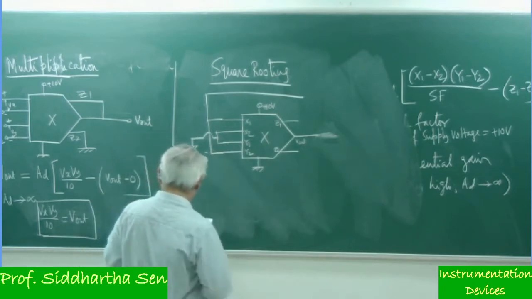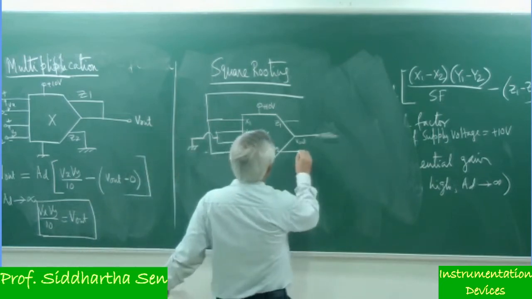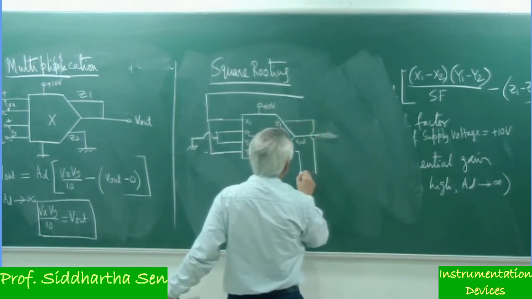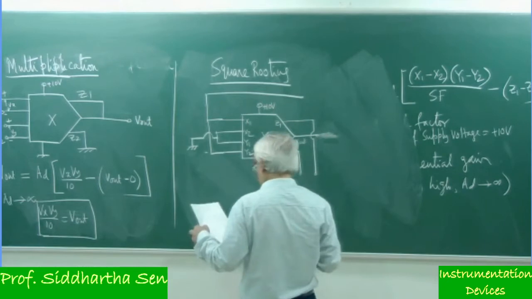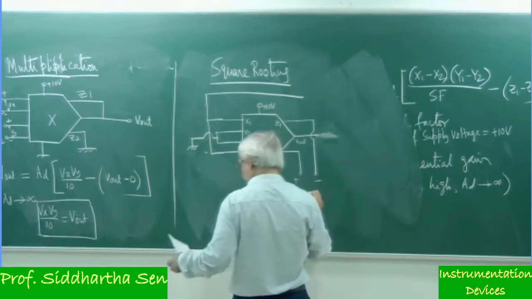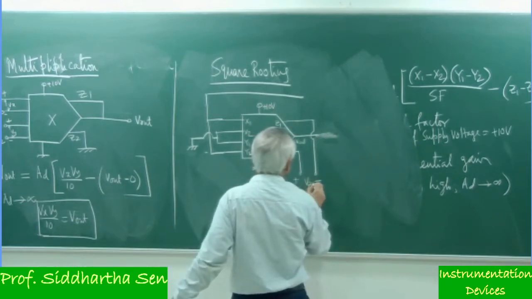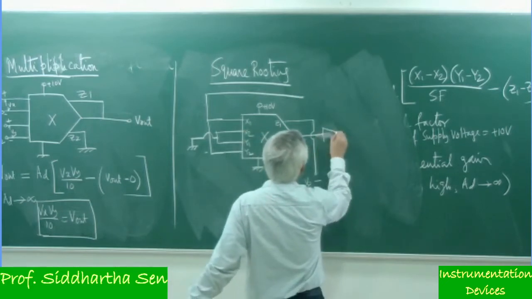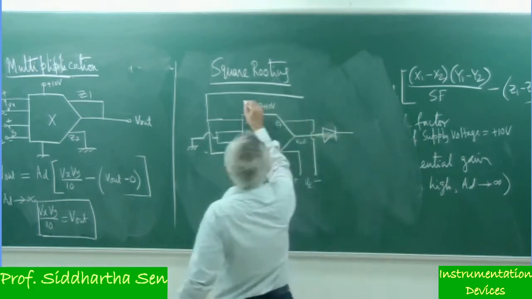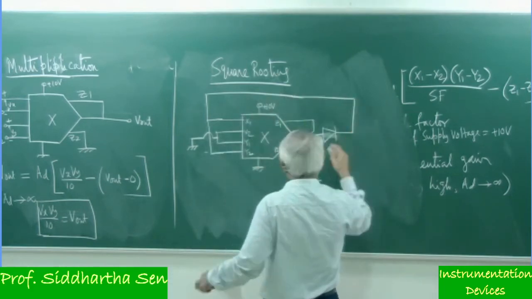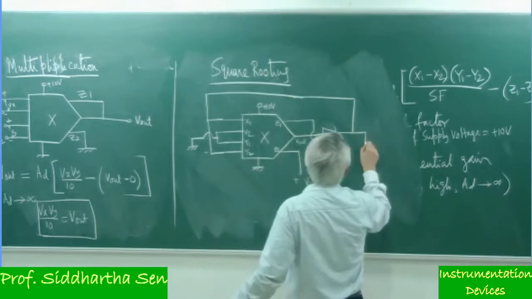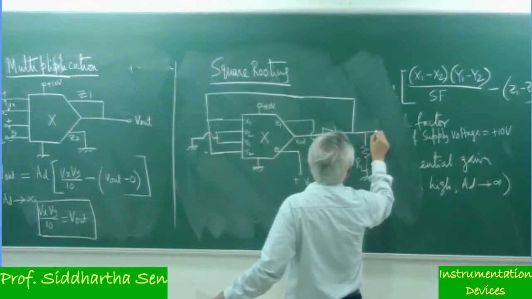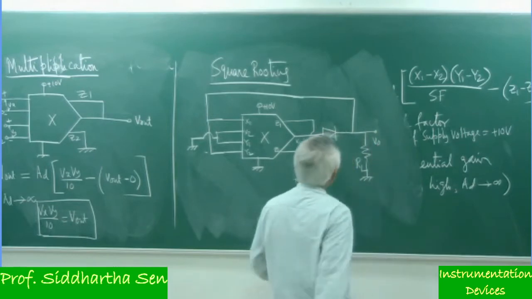And between Z1 and Z2, I give some voltage plus minus Vz. And I put a diode, and RL, and this is your V0 there.